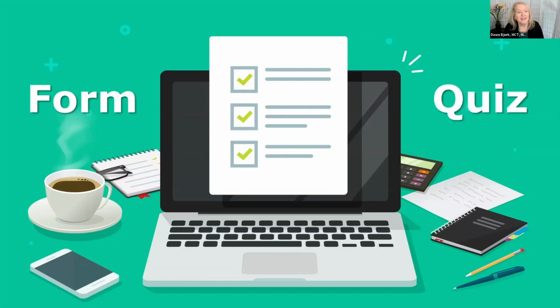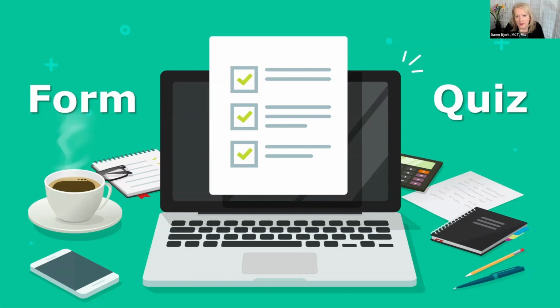But a quiz is also a form. So quizzes are typically used in education or for testing knowledge from a training course. And in addition to all of the standard forms features, a quiz also includes options to indicate what the correct answers are, to track points on it, and to provide input to the responses. So we'll briefly look at how to create a quiz later on in this training session.